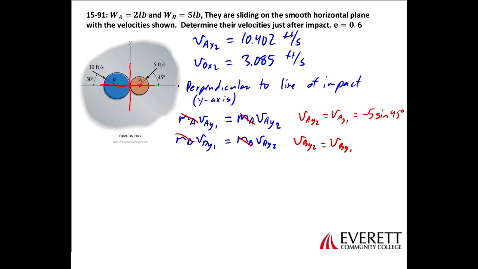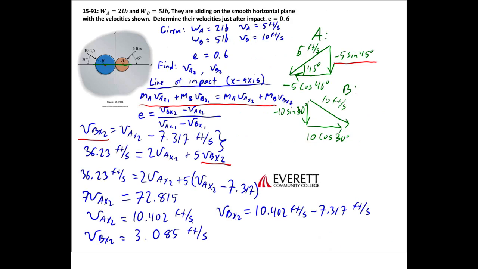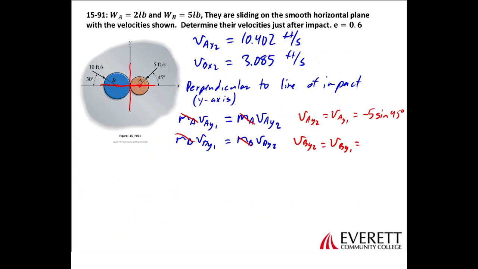If we go back to the previous slide to see what that was, you can see it's right up here, -10 sine of 30. Let's go back and plug that in. And -10 sine of 30 degrees.